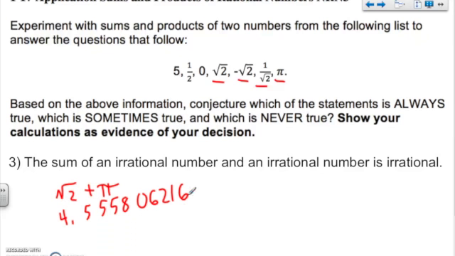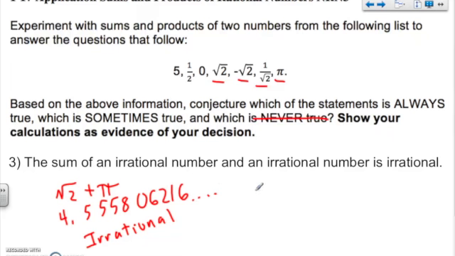But it's going to keep going forever and ever, and you can see that there's not really a clear pattern in this. So we did get an irrational number when we did the square root of 2 plus pi. So we know it's not going to be never true, because we found at least one example where the statement is true. Let's see if we can find an example where it's false.